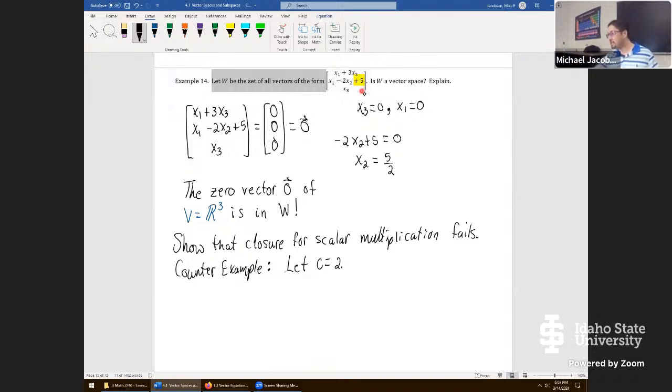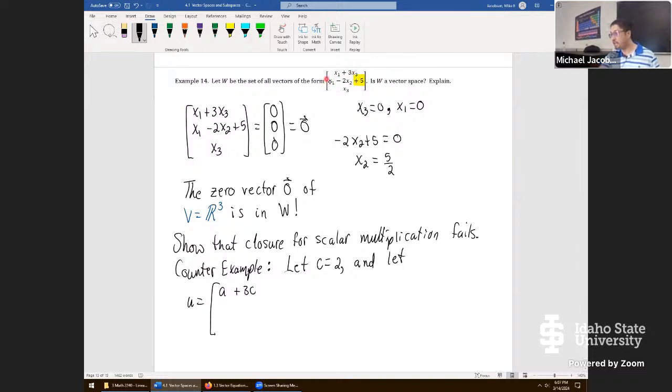So let's say let C equals 2, and let U equal, we could use x1s, x2s, x3s, but it's less about what you see here and more about the pattern. So let me use A, B, and C. I'll think of this as an A. C is going to be x3, so I'll go A plus 3C.